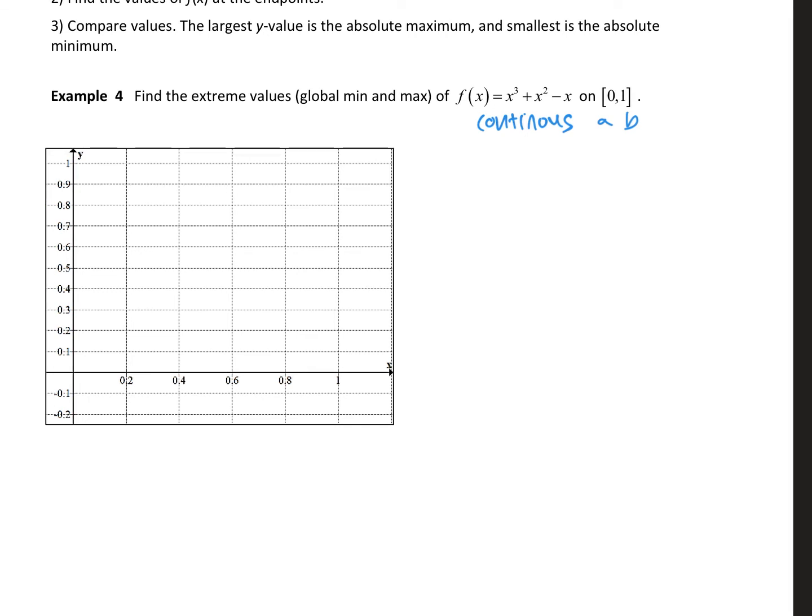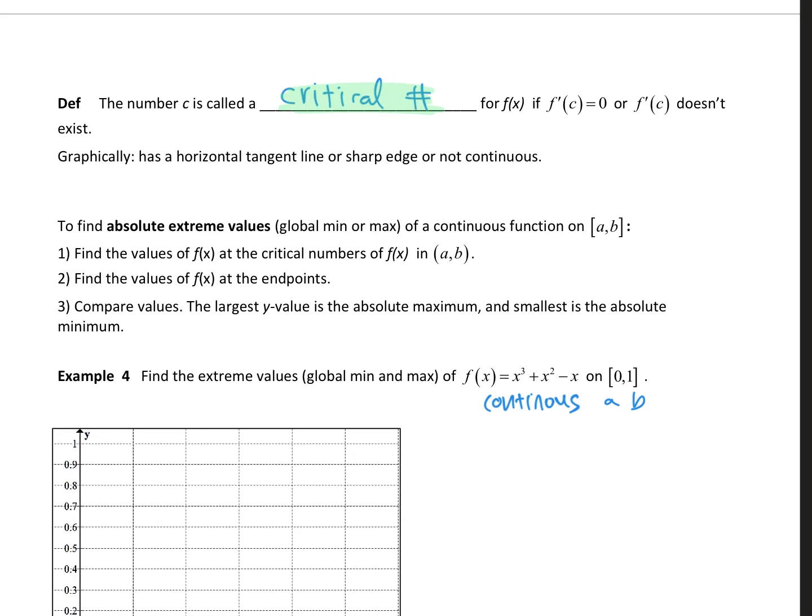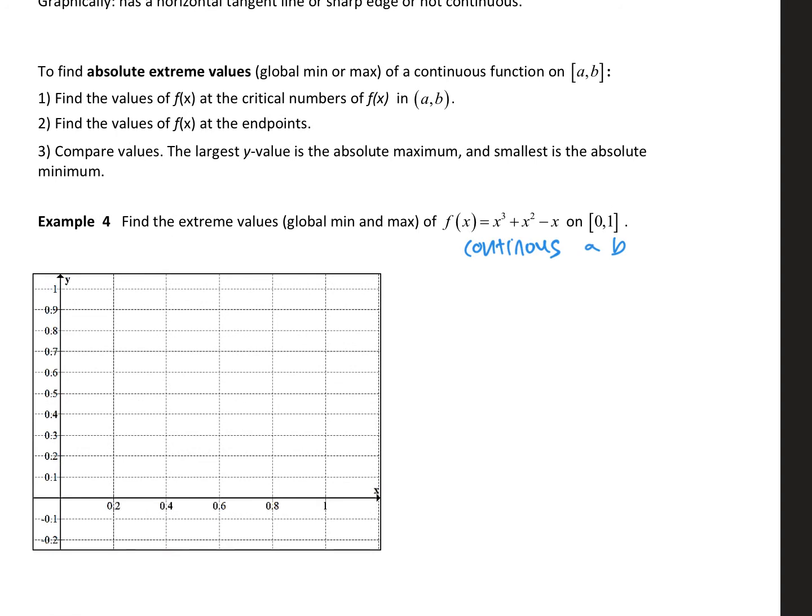First step was to find the critical numbers, right? Meaning the derivative. I want to look at the derivative and see if it's equal to 0, right? That's when the graph goes either like this, so that's the highest point, or the graph goes like this, so that's the lowest point, right? So let's look at that. I'm going to take the derivative.